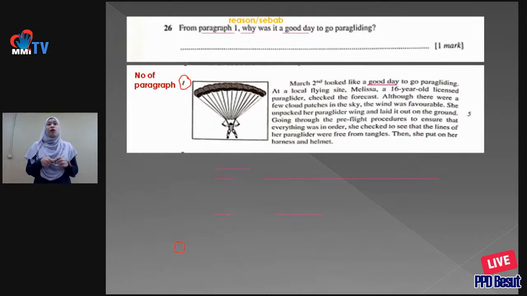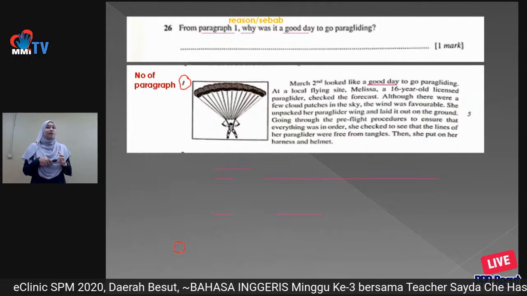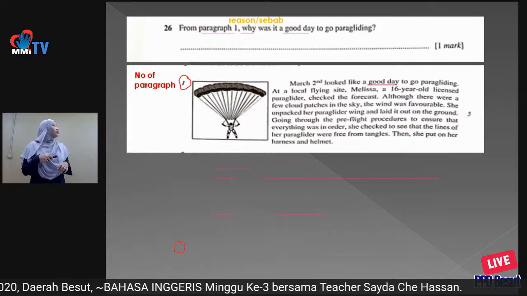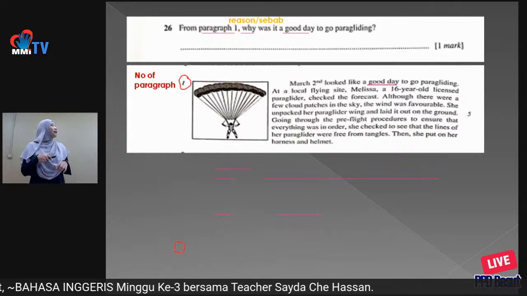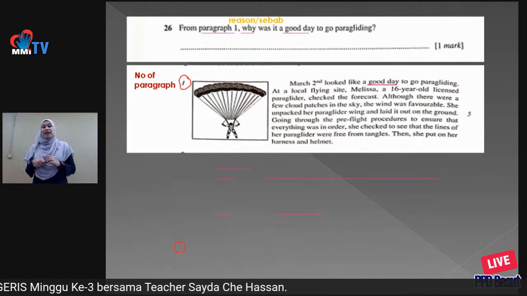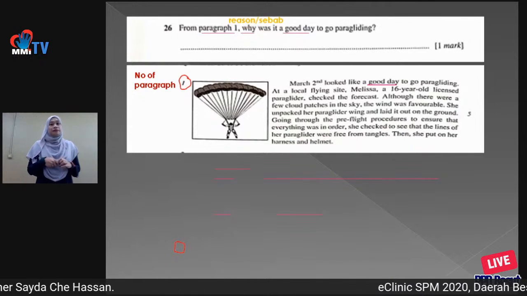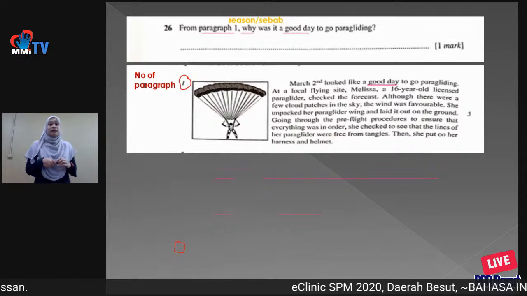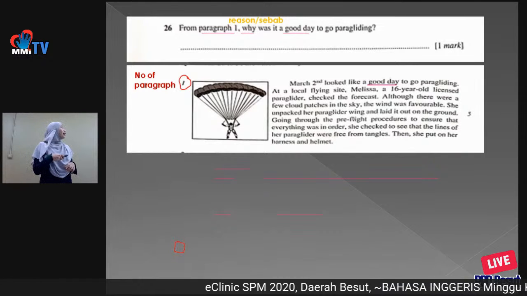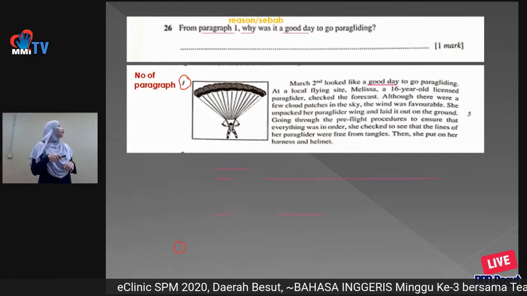Maybe you don't know the word forecast, but check is a word you know. Check is memeriksa. So when they want to fly, logically apa yang dia akan check kalau orang nak fly ni? The forecast is actually the weather. Cuaca. Sebab dia nak fly, so dia pun check lah dulu forecast.